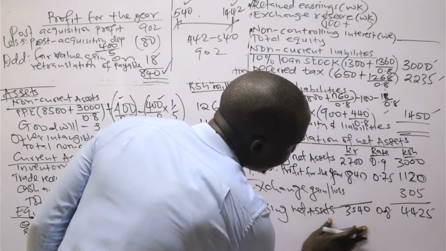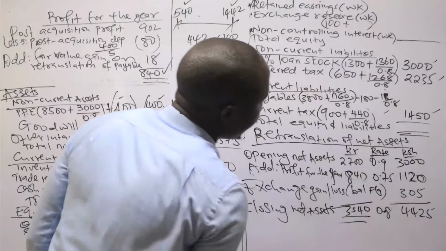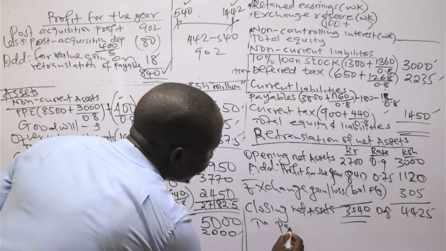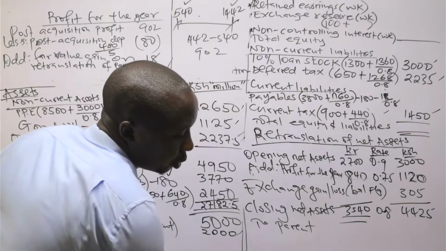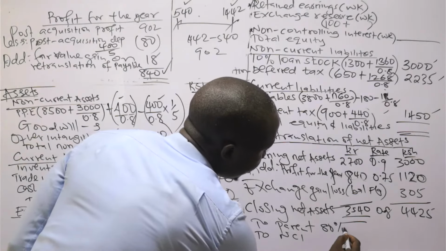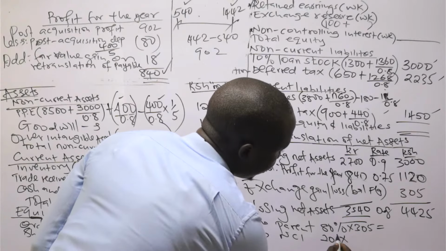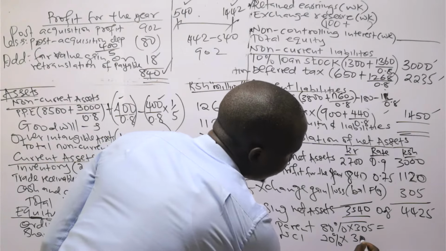This exchange gain of 305, the balancing figure, remember, must be attributable to the parent and to the NCI. So 80% of 305 goes to the parent, 20% of the 305 goes to the NCI.